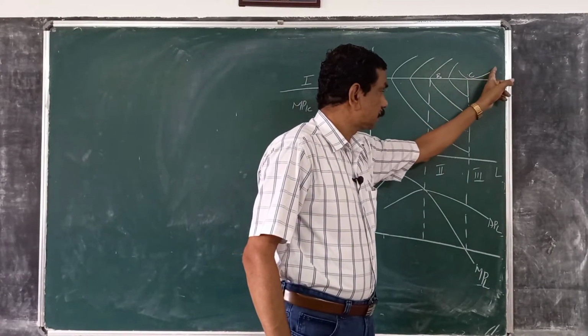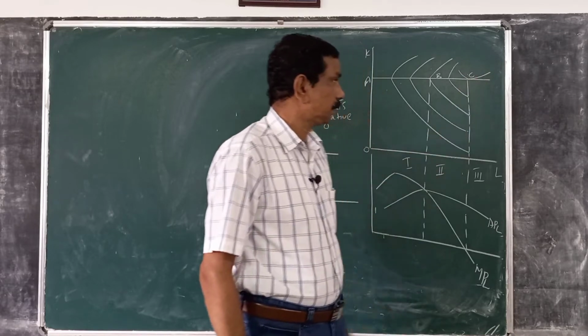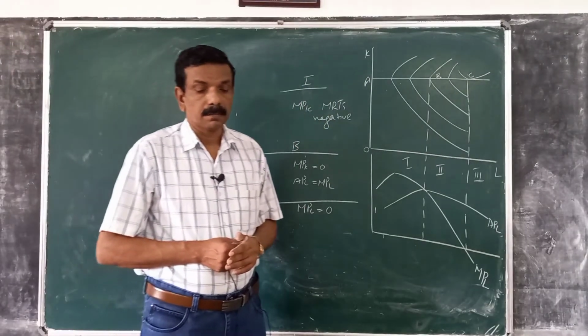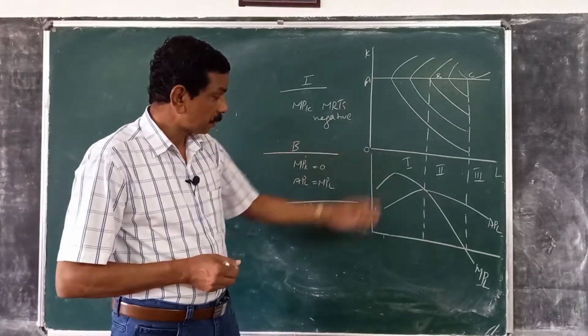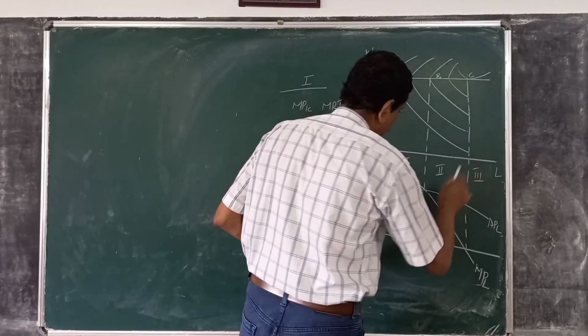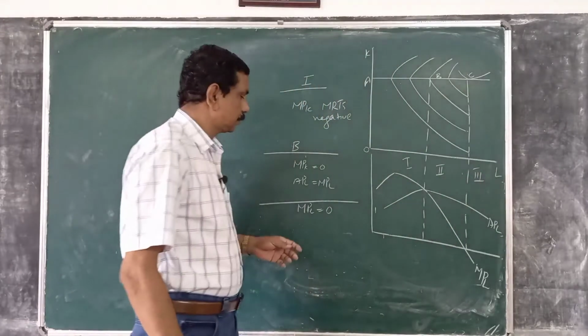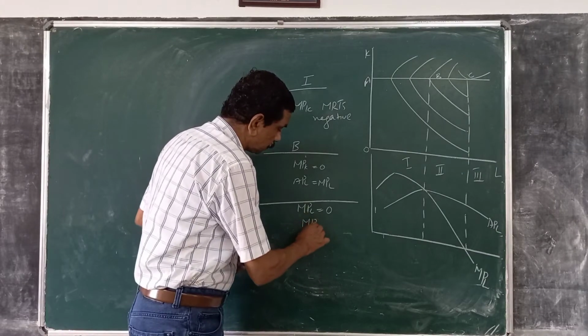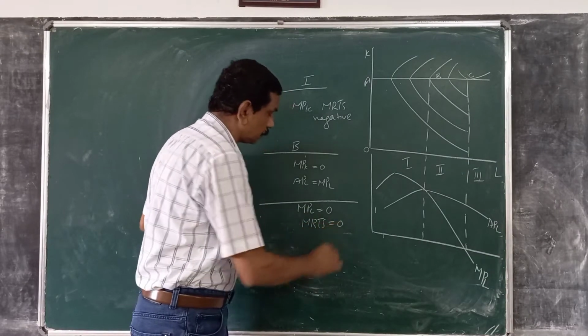Beyond this, isoquant is positively sloped. MPL is 0, and C is the demarcation between second and third stage. MPL is equal to 0. MRTS is also equal to 0.